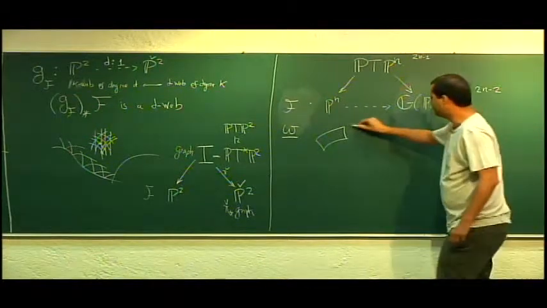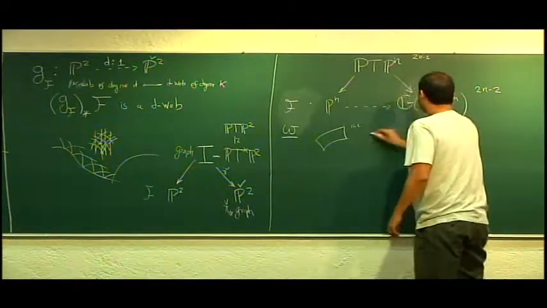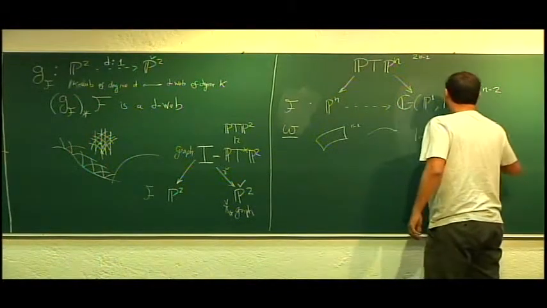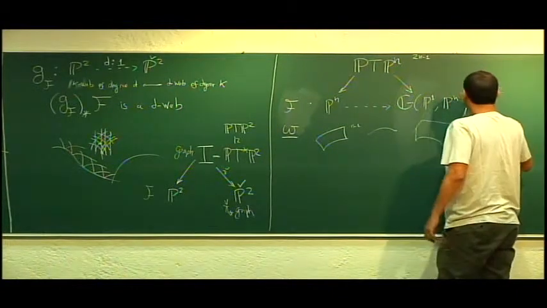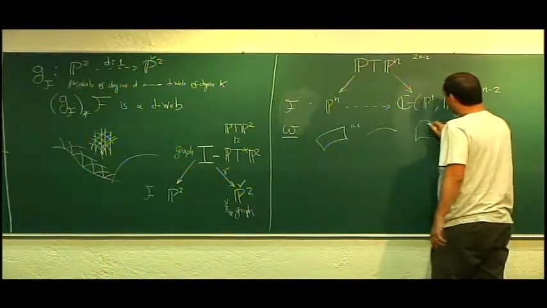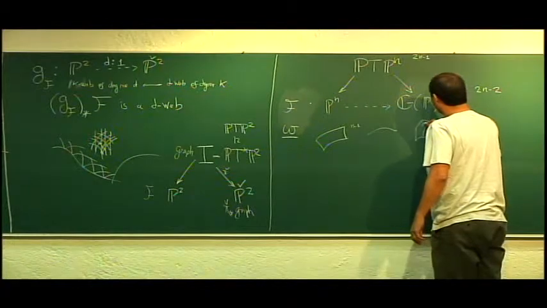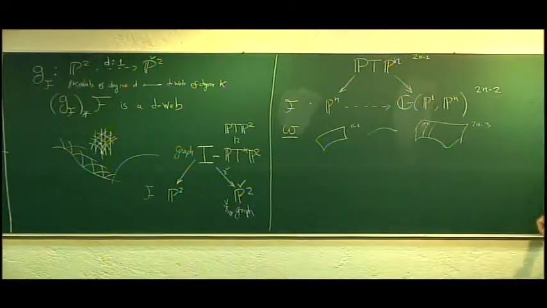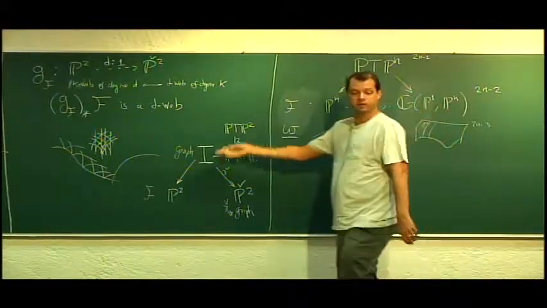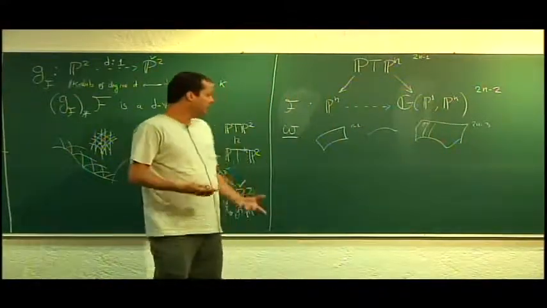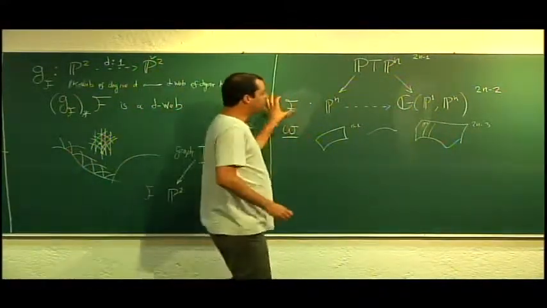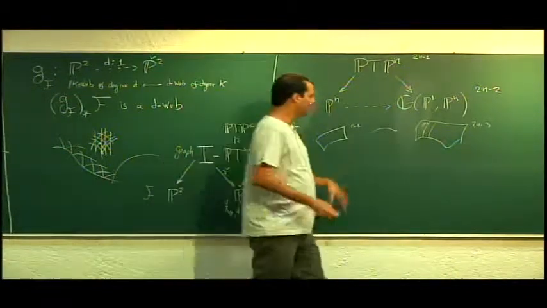So I start here with something of dimension n minus 1. I end up with something of dimension 2n minus 3, which is somehow fibered by Pn minus 2. Okay? And this construction can be seen as a generalization of that, and has the advantage that I take a degree d foliation and obtain a d-web here.